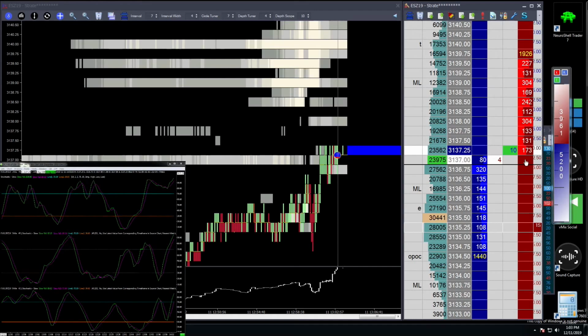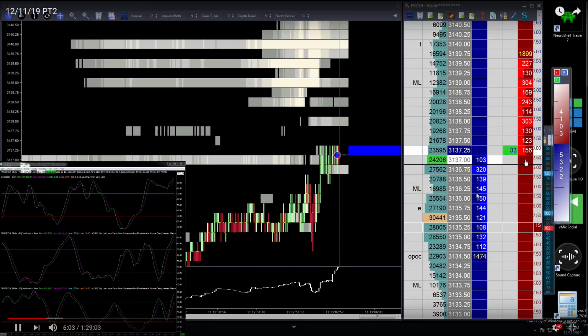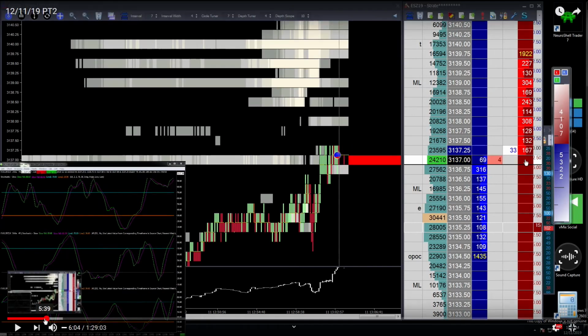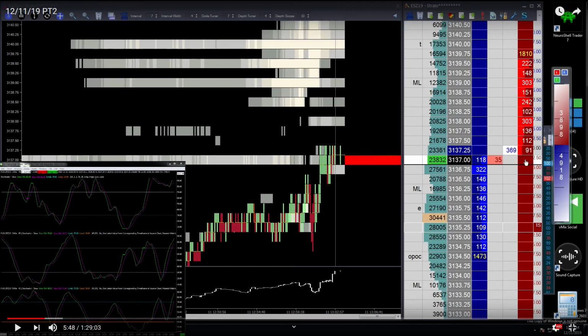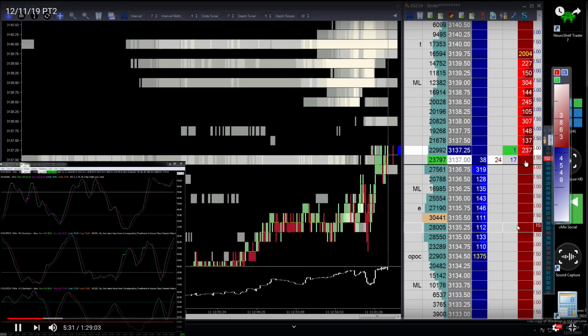Look at the tape. The tape's pretty blue, so that's nice. I want to see that tape go blue, though. It's already in there, blue.